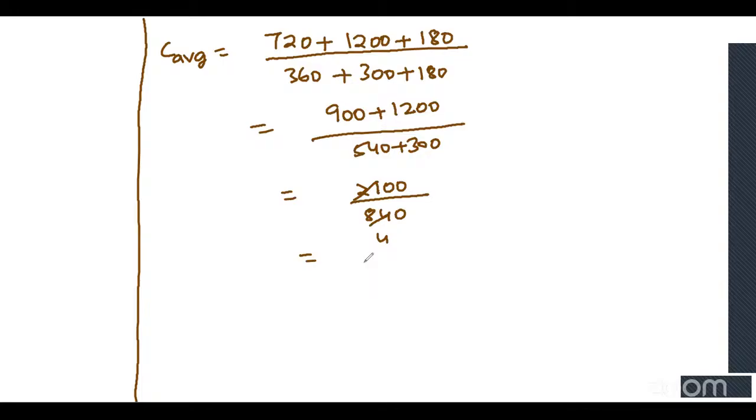Okay, 100 by 40, that is 25 by 10. So the average speed is equal to 2.5 meters per second, right?